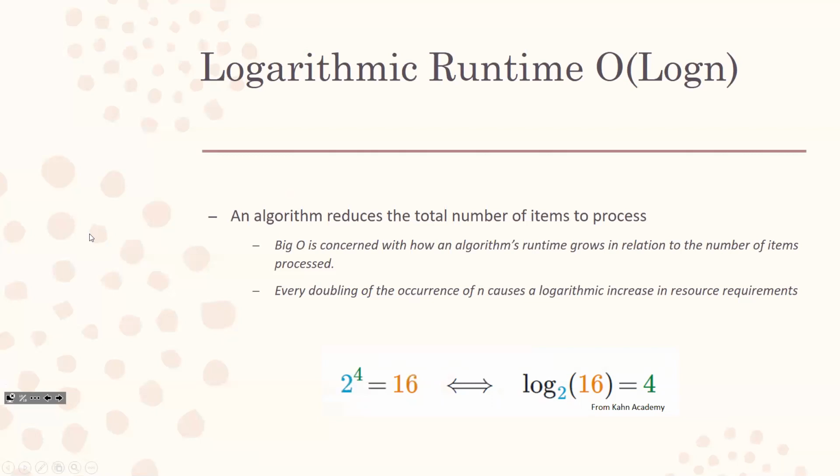But if we add new A's, we've created a logarithmic increase, right? Because originally, for this one, I had to search 16. Now when I add this one, I have to search 16 more. When I add another one, I have to search 16 more. So every time I add an element to A, I'm creating a huge or logarithmic increase in the size of the set that needs to be processed.